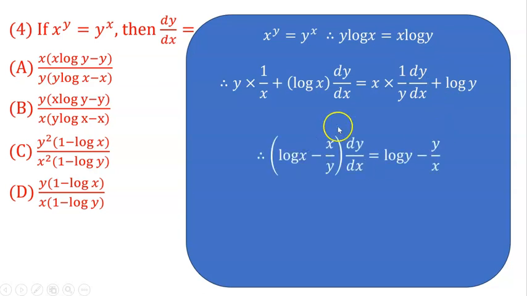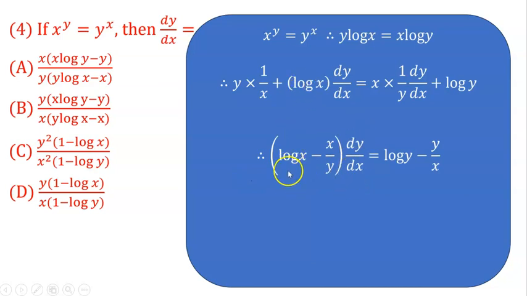Now for the next step, collect the terms of dy by dx to the left hand side. What are the terms of dy by dx on both sides? That is the log of x into dy by dx, this is on the left hand side, and on the right hand side it's x upon y into dy by dx. Take this term to the left hand side and take the common term, dy by dx.